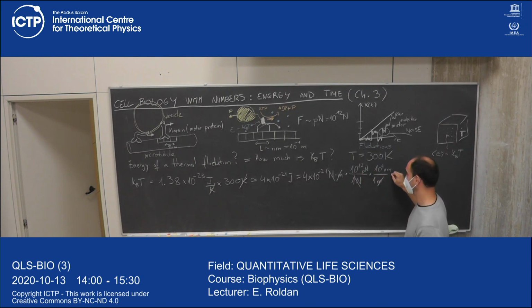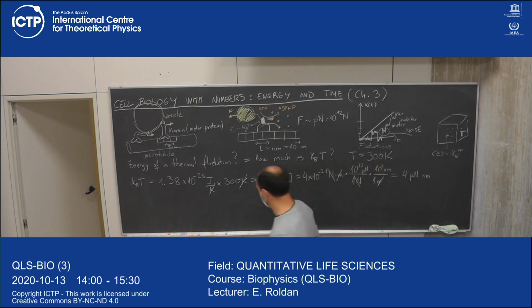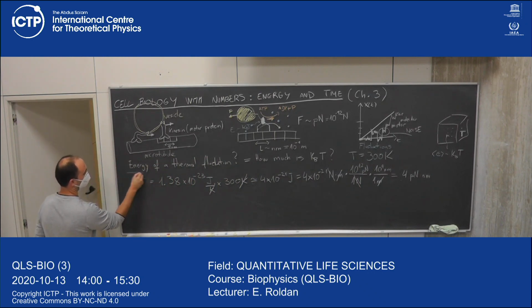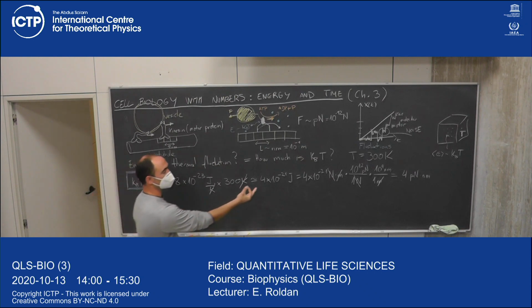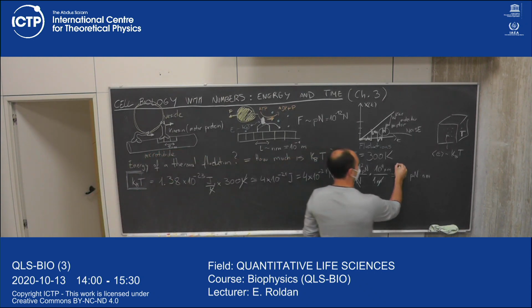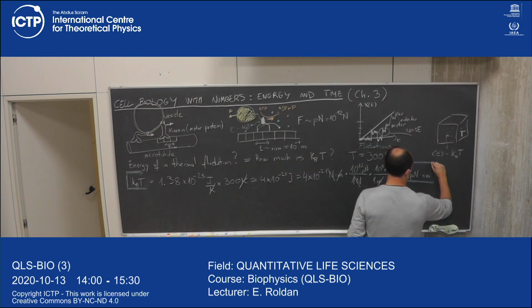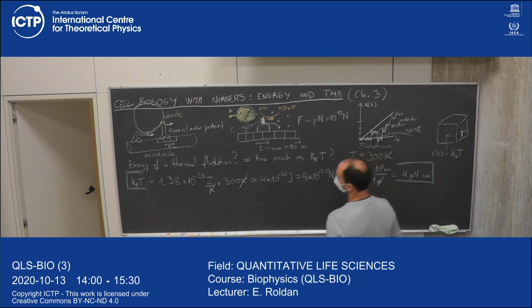So this becomes 4 piconewtons nanometer. This is a very important number for you. Very important, because kBT, one water molecule has this amount of joules, it's very little, but in piconewton nanometer, it's very easy to remember this number. 4 piconewton nanometer.